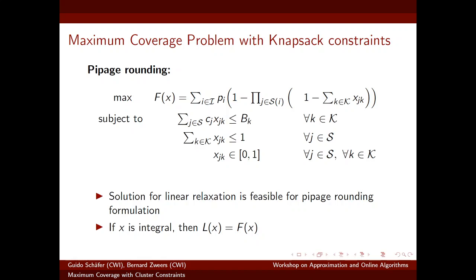So every solution that's feasible for the linear relaxation is also feasible for the pipage rounding formulation. And the objective function is different, but if this part here is integral, then the solution for this pipage rounding formulation is the same as for the linear relaxation.